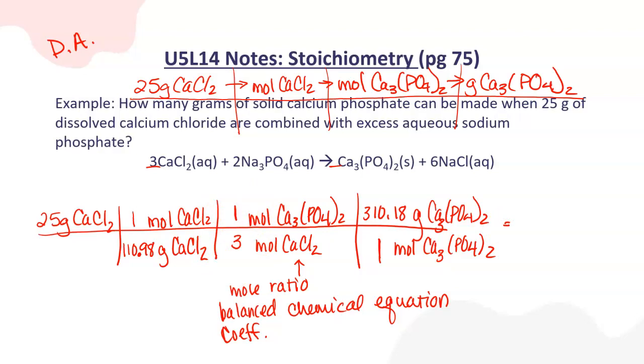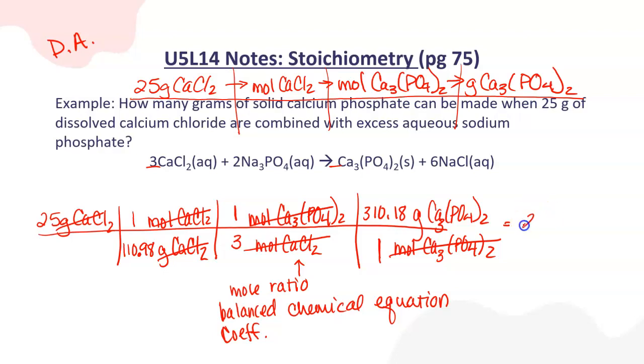Now we're ready to do the math. Cancel what cancels out, and you are going to multiply across the top and divide by the bottom. So 25 divided by 110.98 equals 0.23, divided by 3, 0.075, times 310.18.